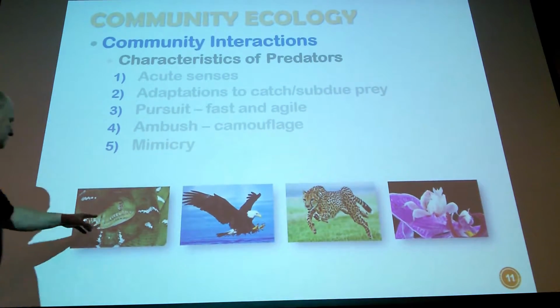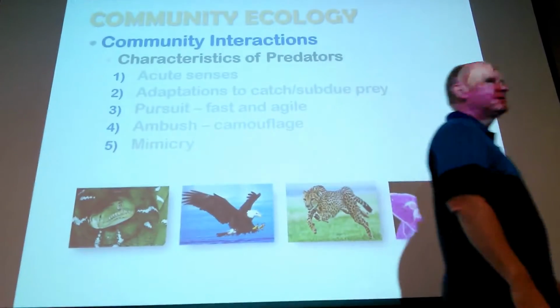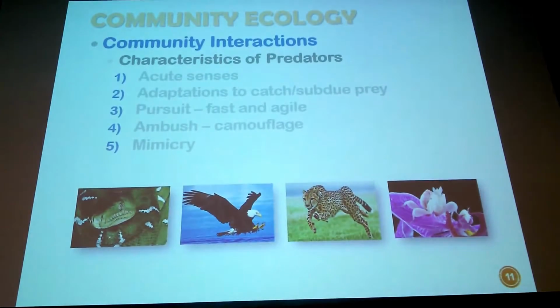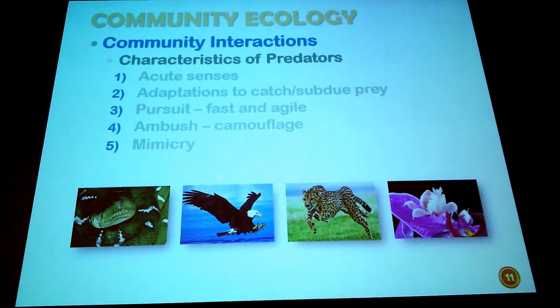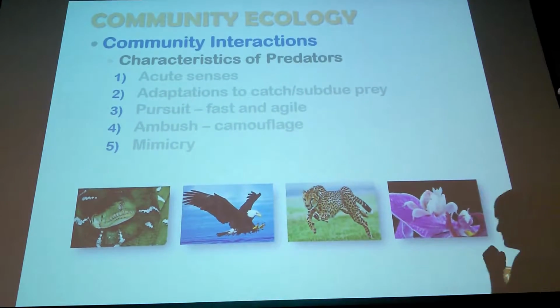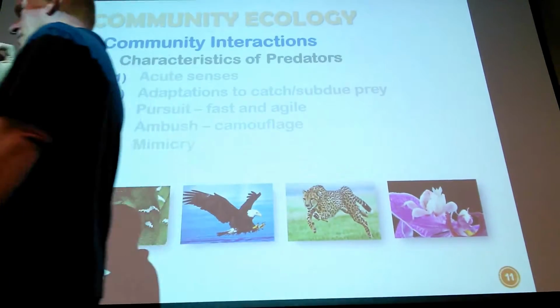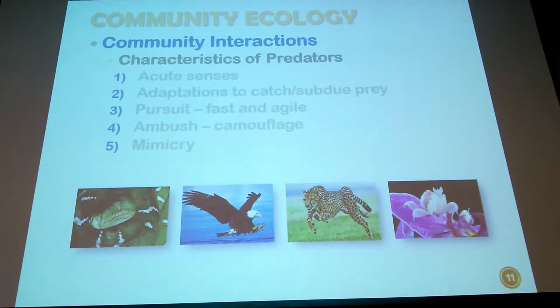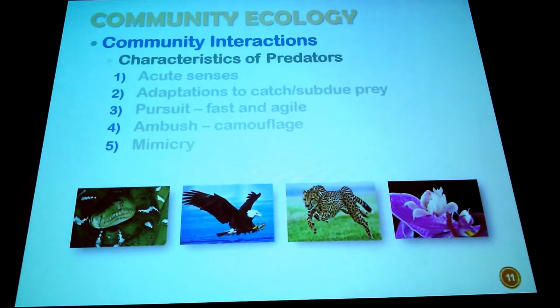Well, it's got these pits on the side of its head, and these pits detect heat. So if something warm passes by, it knows it's there. Plus, it's got that tongue that always sticks out. That just makes snakes even creepier, right? That forked tongue that comes out. What it's doing is tasting its environment. When that tongue comes back in, it brushes against the roof of the mouth where there's an organ called Jacobson's organ, and it tells the snake what it's tasting.